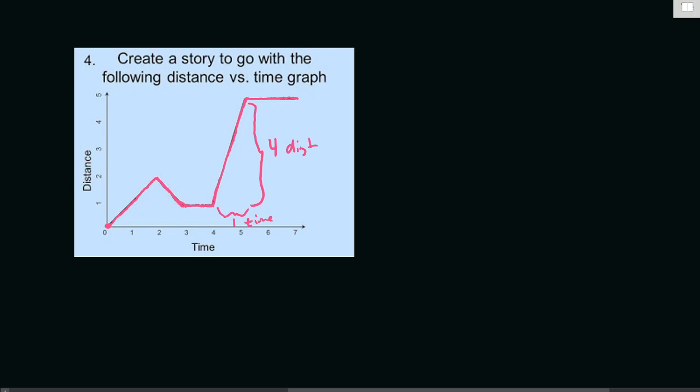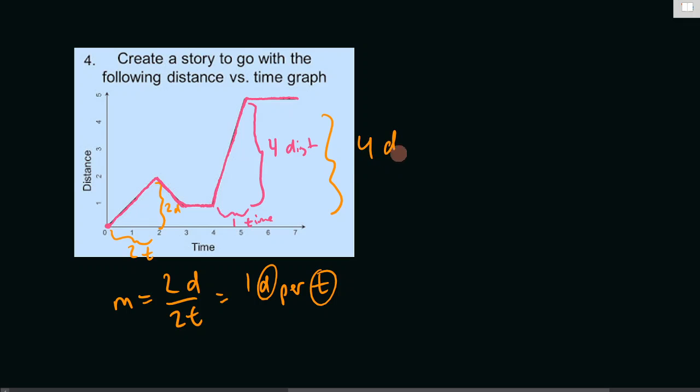The first piece is about 2 distance in about 2 time. So if we divide that, the slope here is 2 distance in 2 time, which is 1 distance per time. I don't know what my distance units or my time units are. And then this one here is 4 distance in 1 time. So they're actually going 4 times faster.